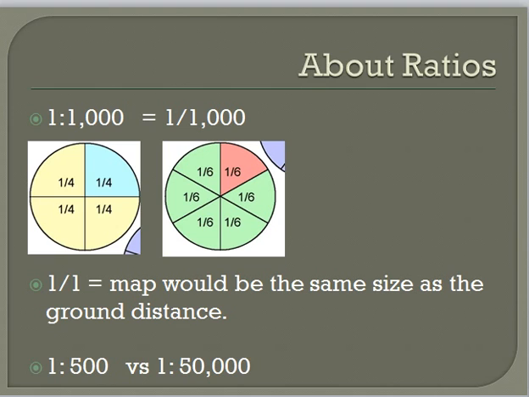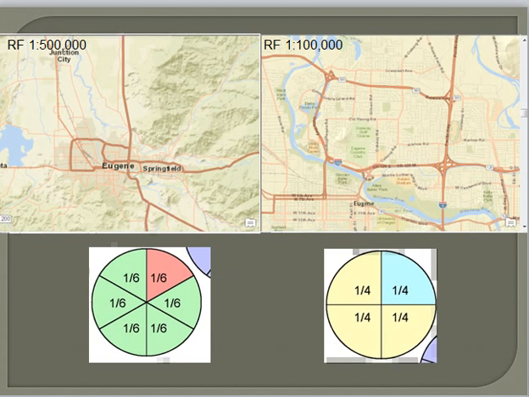It's closer to 1 to 1, and 1 to 1 would be the map being the same size as the ground distance. And the 1 to 50,000 means that there is a lot more reduction. Okay, so that would be a much, much smaller fraction.